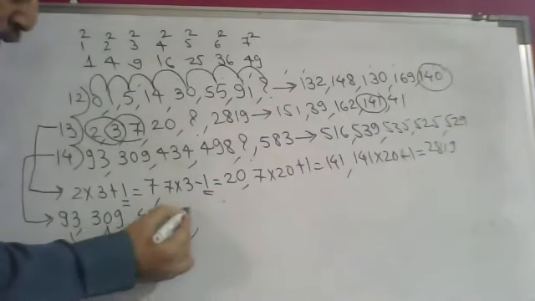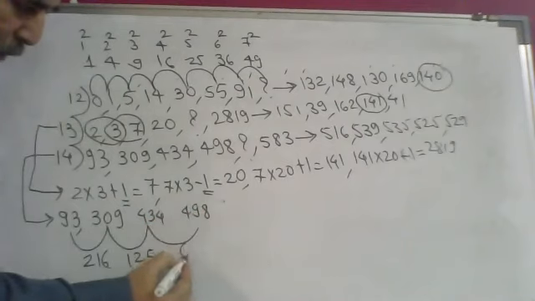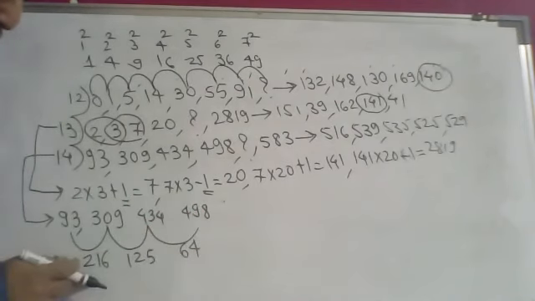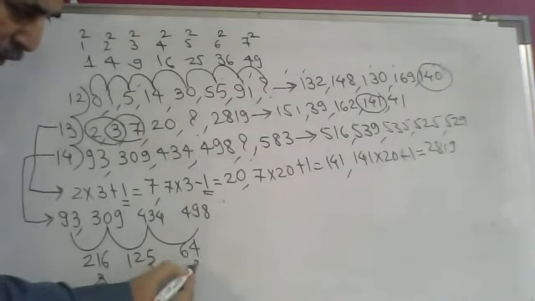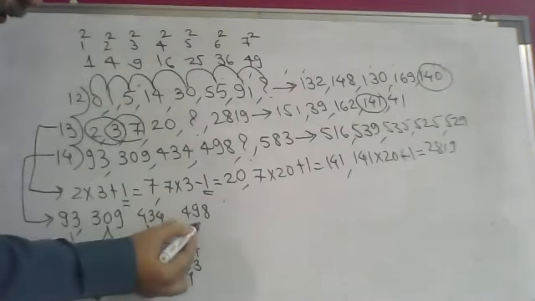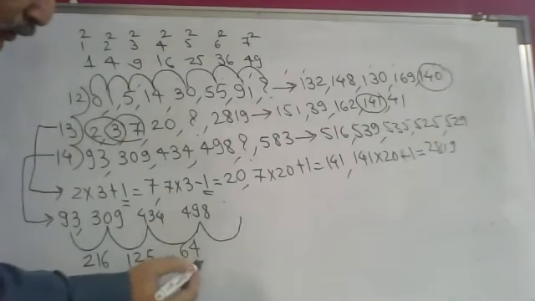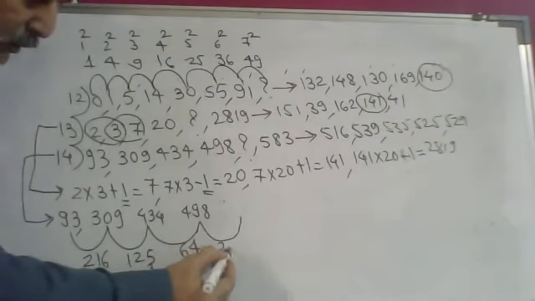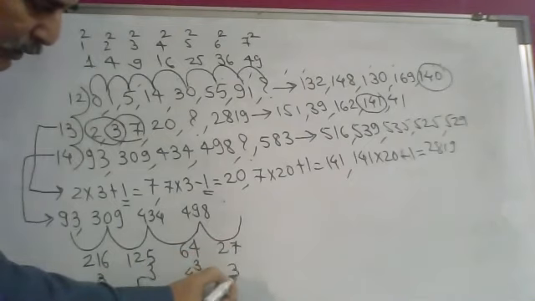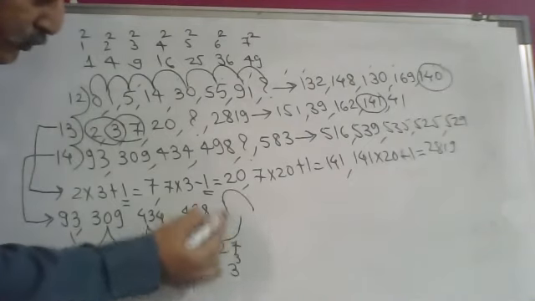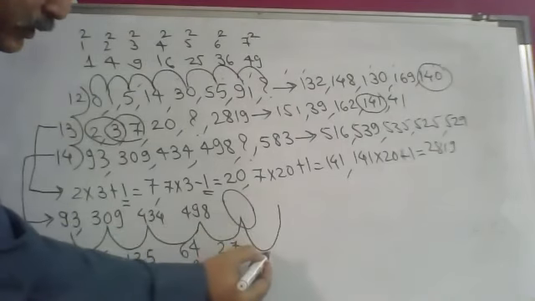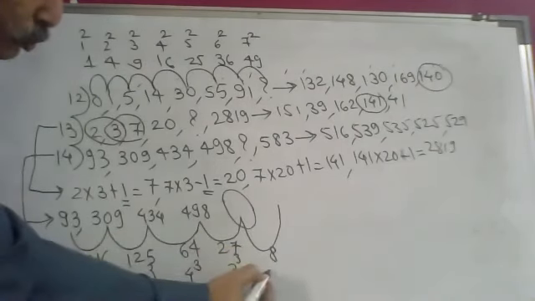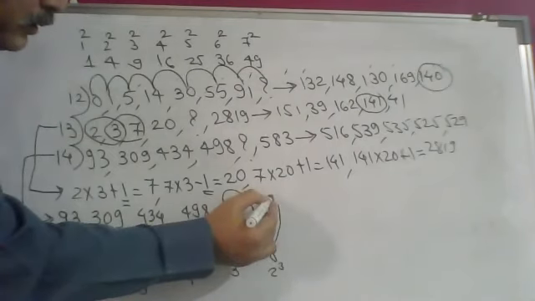Observe these numbers and what you can say about them. 216 is 6 cube. 125 is 5 cube. 64 is 4 cube. 498 plus 27, that is 3 cube, will be your answer, and plus 8, that is 2 cube, is 583.